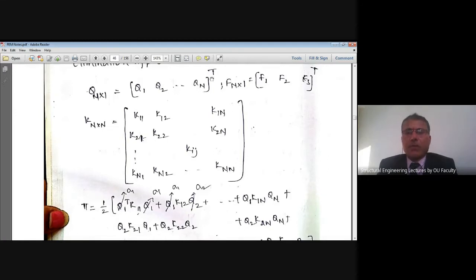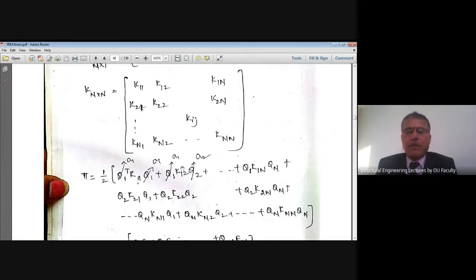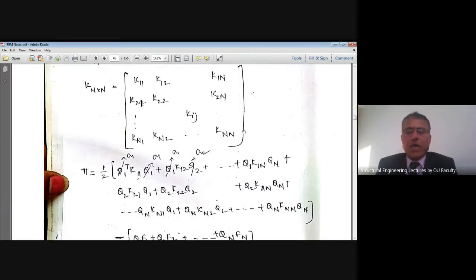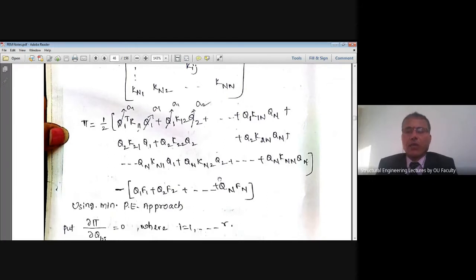That is how the first row operates upon the column vector Q. Similarly, the second row gives Q2 K21 Q1 and so on, up to the last row: Qn Kn1 Q1, Qn Kn2 Q2, plus up to Qn Knn Qn.